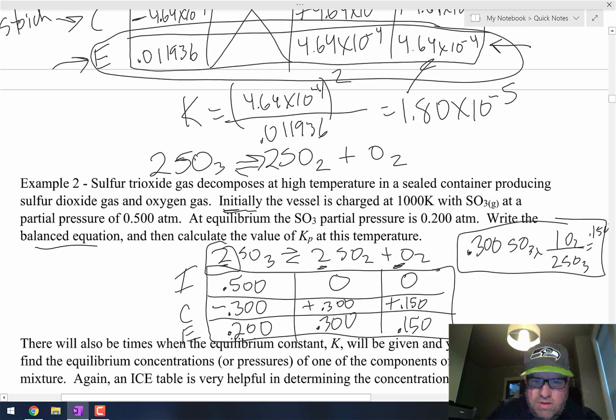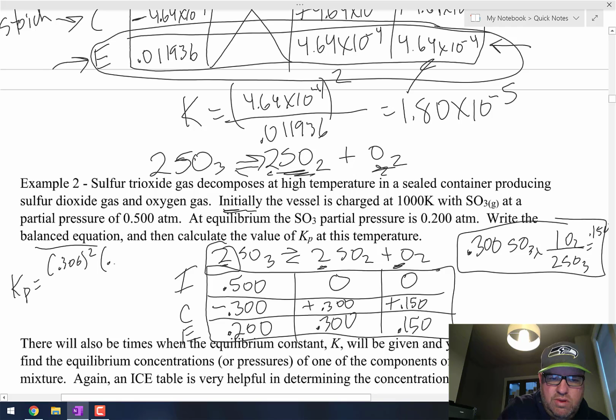And now to figure out the value of the equilibrium constant, Kp is going to equal the pressure of SO2 squared. So that's 0.300 squared times the pressure of O2, 0.150, over the pressure of SO3 squared.